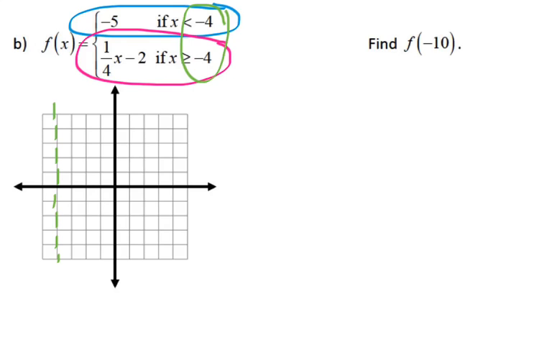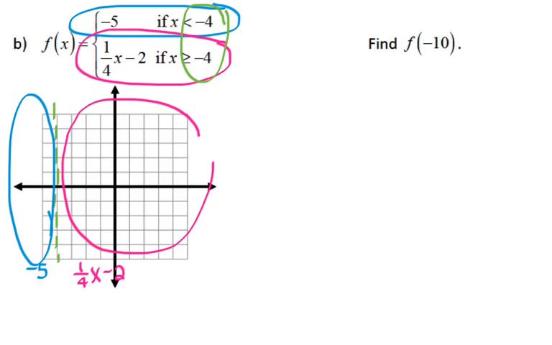For x less than negative 4, that's on the left side of your boundary line, which was negative 5. And then on the right side, for x greater than or equal to negative 4, that's the function 1/4 x minus 2. So that means my blue function is going to take up this side, and my pink function is going to take up this entire side.